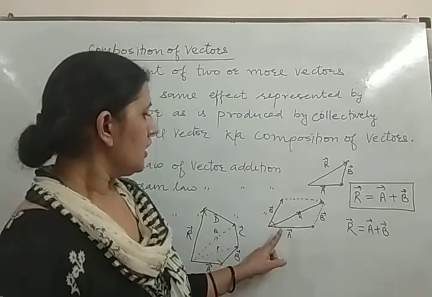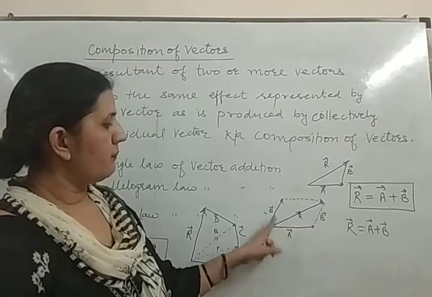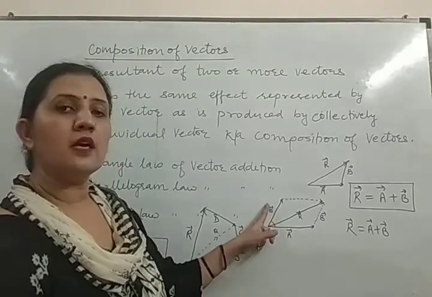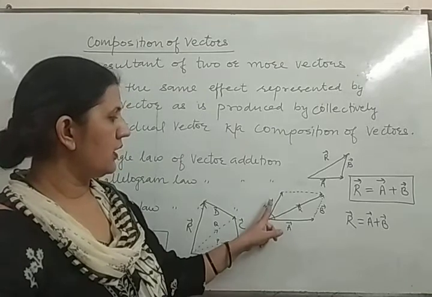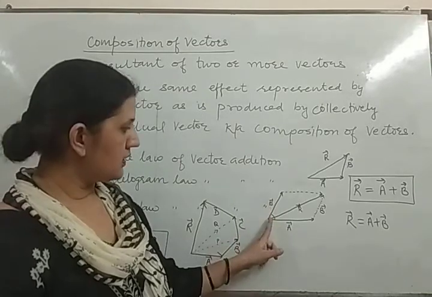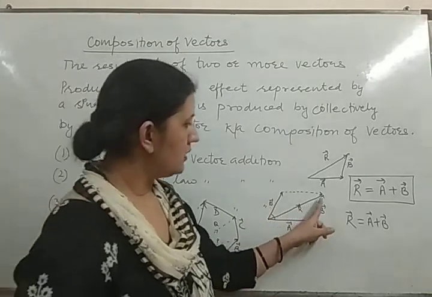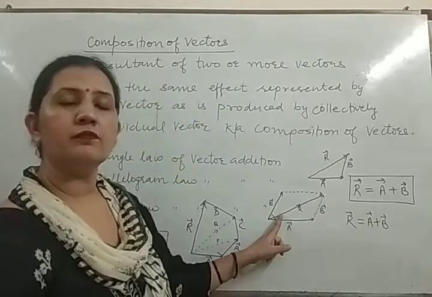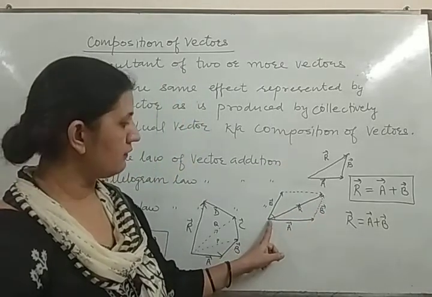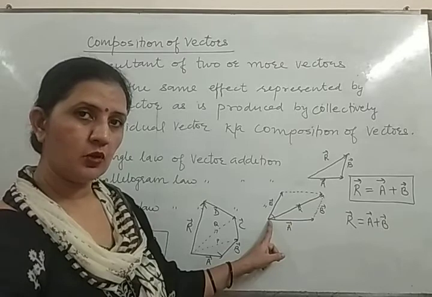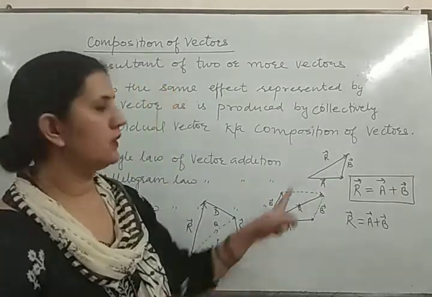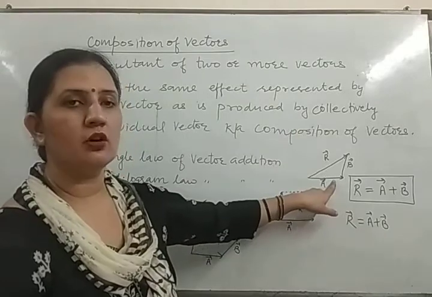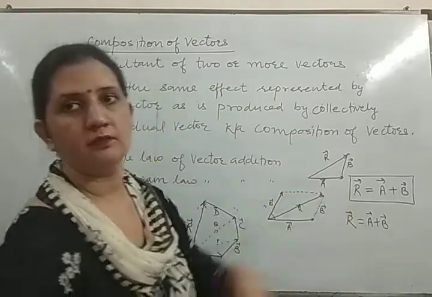Same here, if two adjacent sides of a parallelogram are showing vector A and vector B, then their resultant is given by the diagonal of the parallelogram starting from the same point. Okay. Then triangle law of vector addition. First note it down. Then I am going to write the definition of triangle law of vector addition.